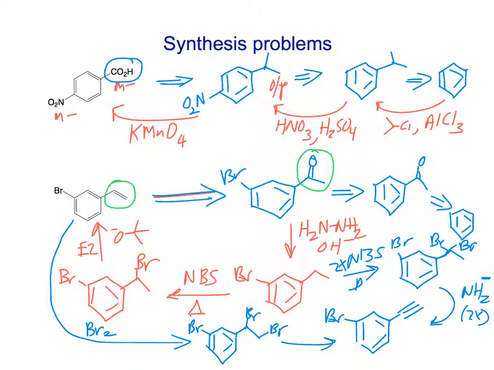And then we do the same double elimination, so NH2 minus, 2 times, to get to the alkyne.